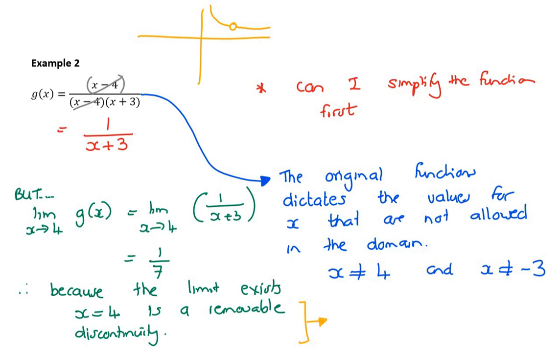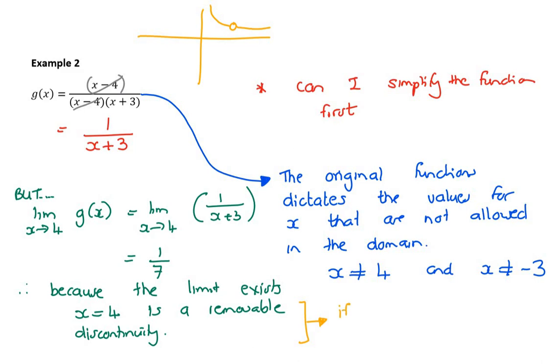For an asymptote, the limit does not exist, and so only denominators that cannot be simplified away form an asymptotic discontinuity because the limit doesn't exist. So I'm just going to write myself a note here.